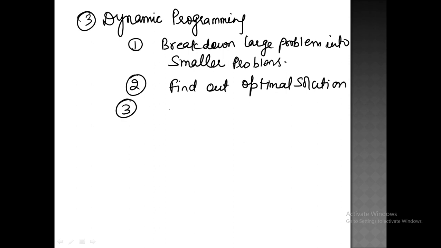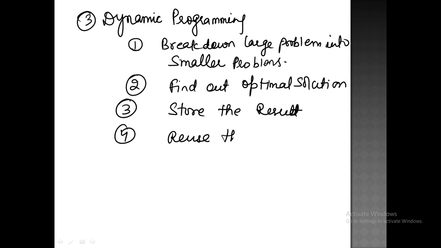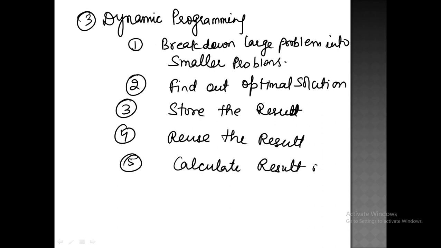Third step, store the result. That is known as memorization. Fourth, reuse the result according to your demand. Reuse the result when you want to recalculate. Fifth step, finally, calculate the result of the complex problem.